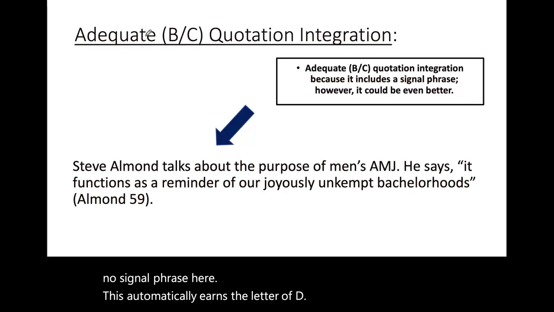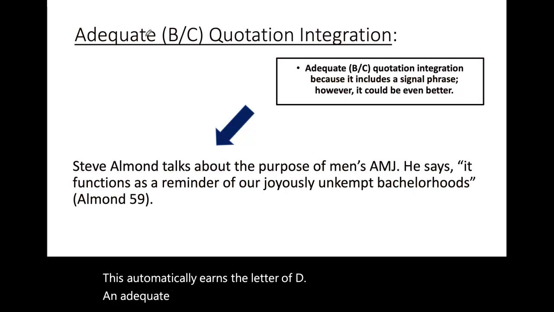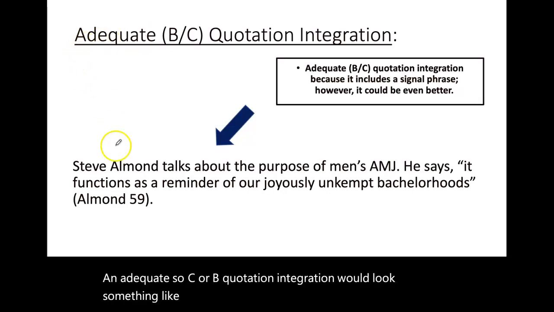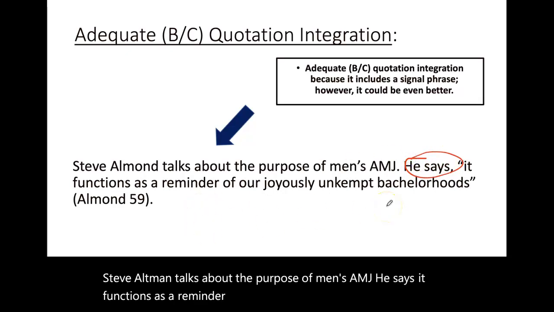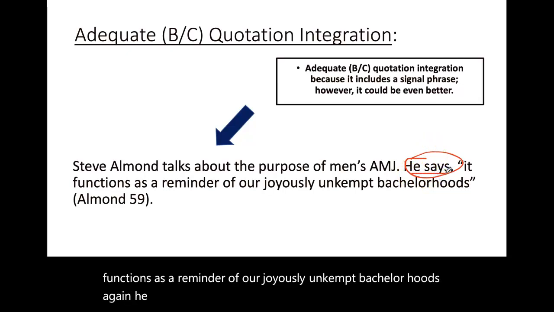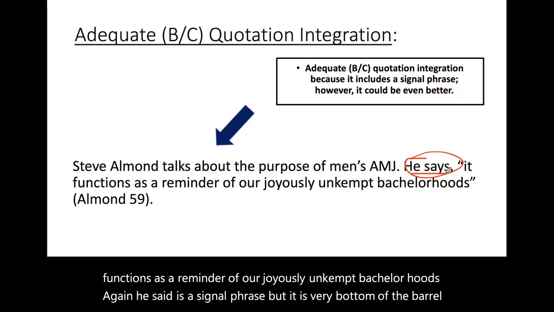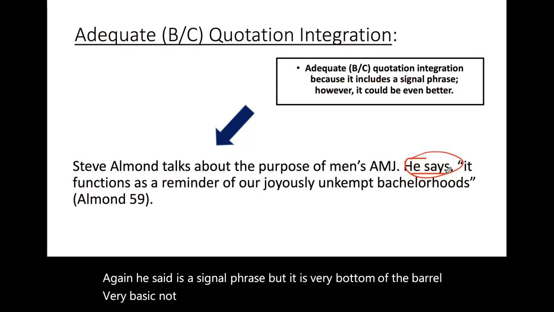An adequate, so C or B, quotation integration would look something like this. Steve Allman talks about the purpose of men's AMJ. He says it functions as a reminder of our joyously unkempt bachelorhoods. Again, he said is a signal phrase, but it is very bottom of the barrel, very basic, not very sophisticated at all.